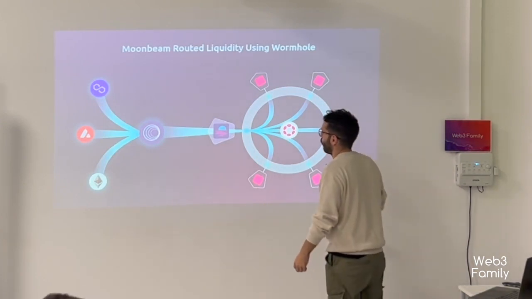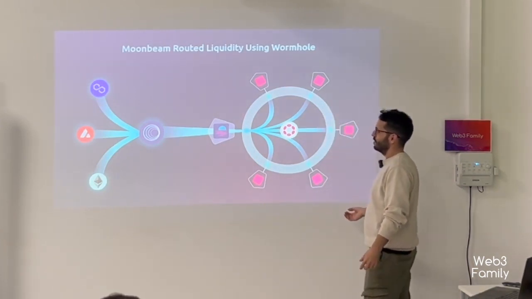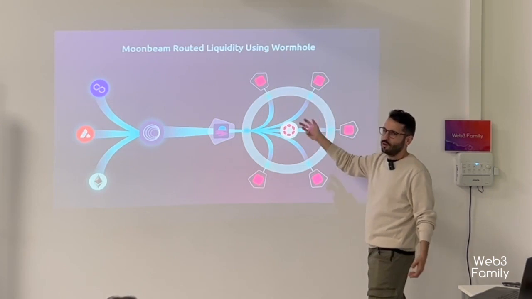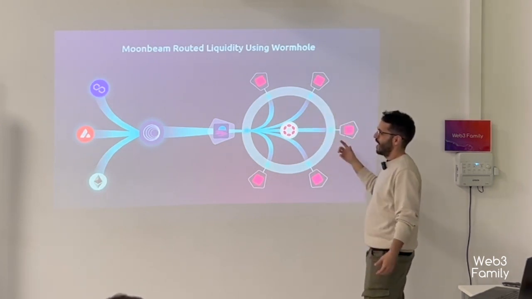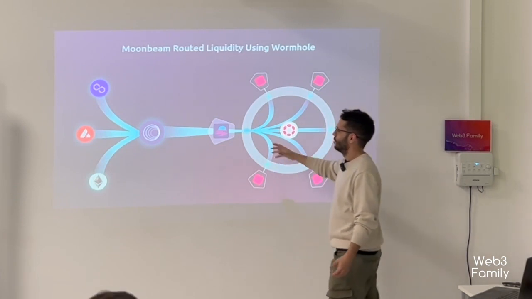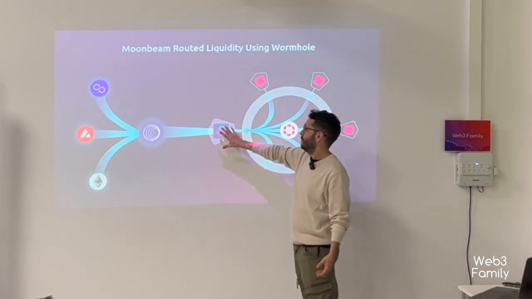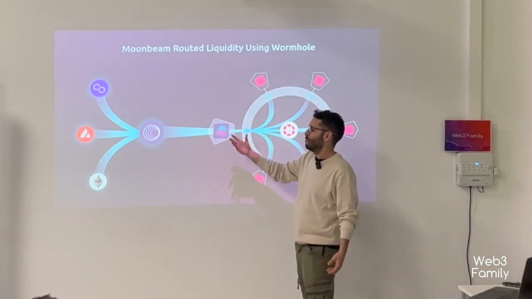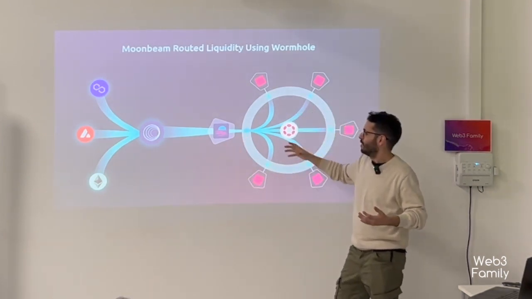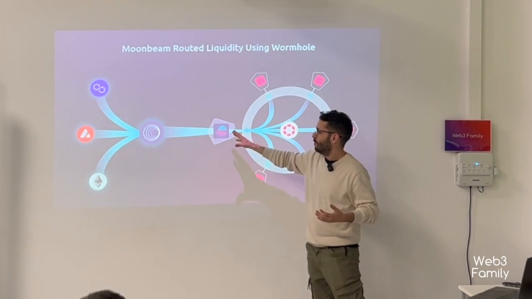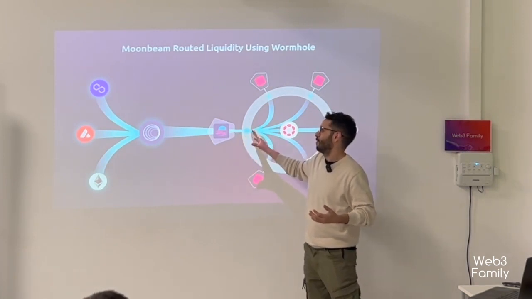So this is what Moonbeam calls routed liquidity. And they use Wormhole for this, the one that I explained about the general message protocol. What does this allow? Why is Moonbeam important in this multi-chain world and all this interoperability world? Because it's the door to Polkadot from the other chains.